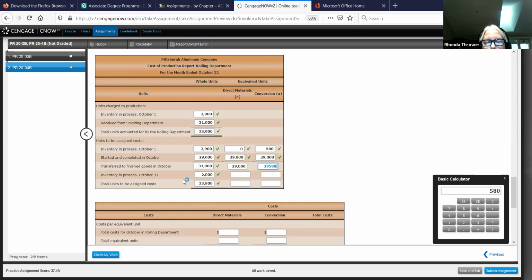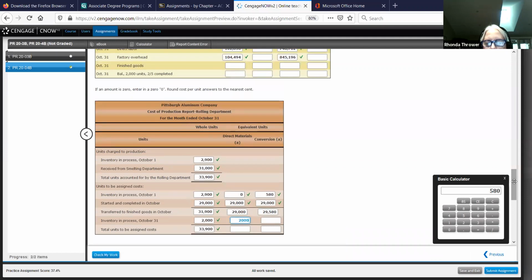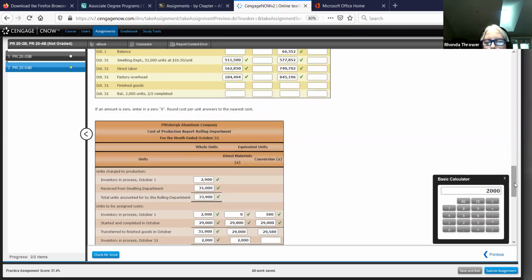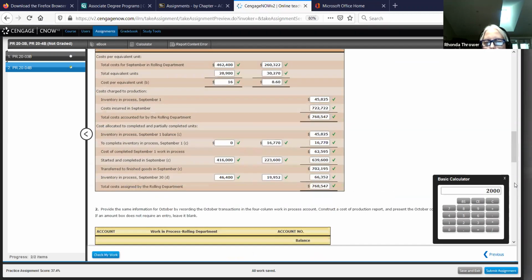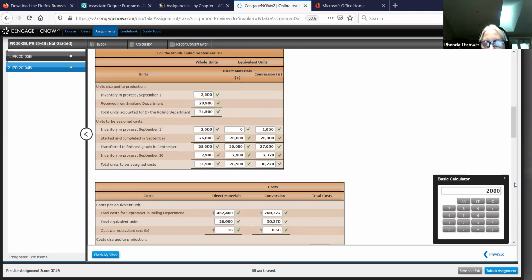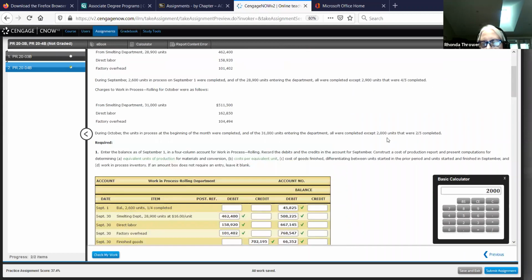ending inventory. What you have to remember about ending inventory is all the materials are 100% in there this period. So all materials are in there. It's the conversion that you haven't finished for your ending inventory. So you're going to have to find the conversion units by taking 2,000 units and multiplying it by what they told us they finished in the ending inventory.